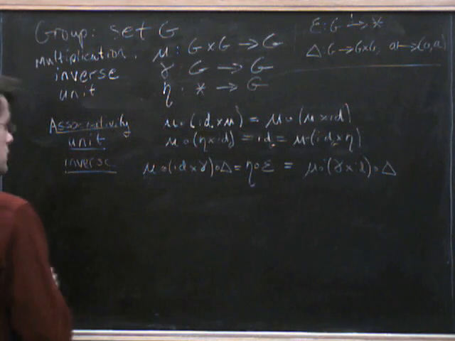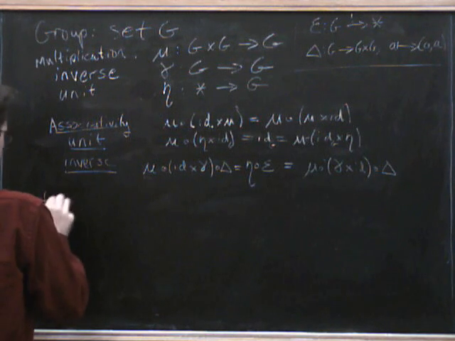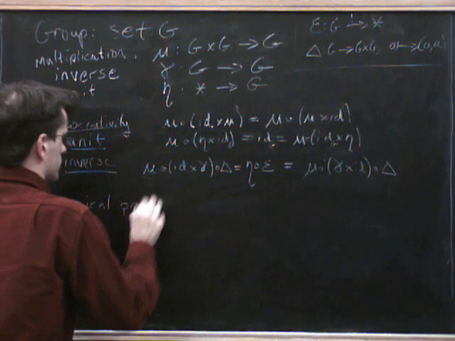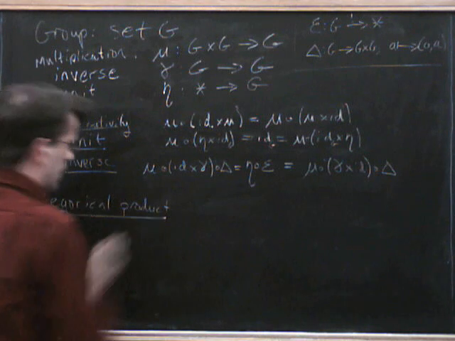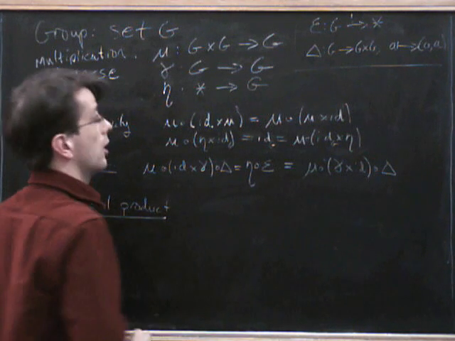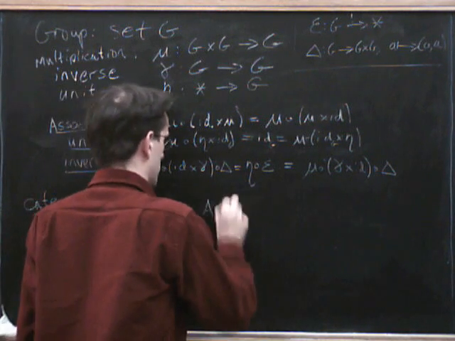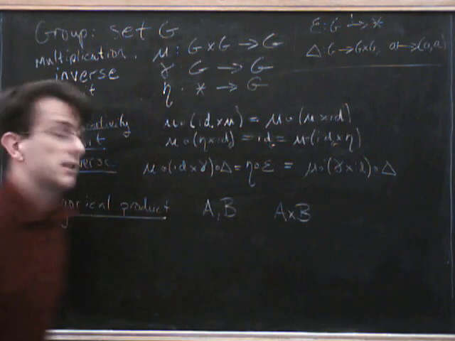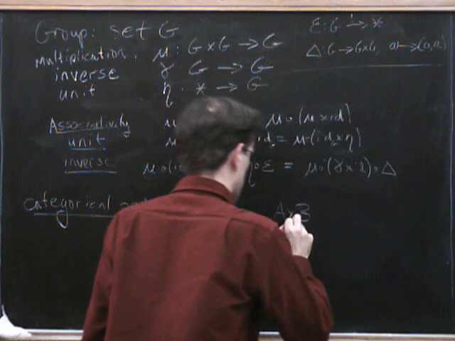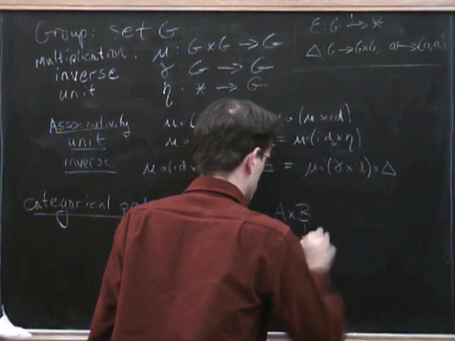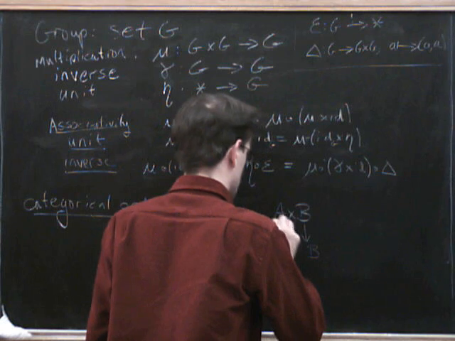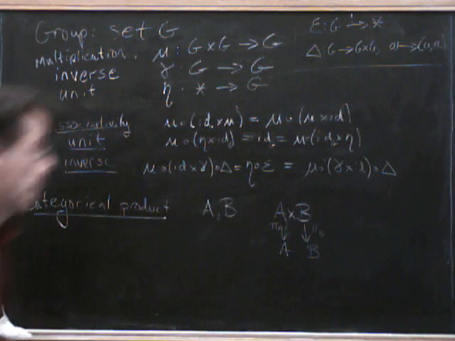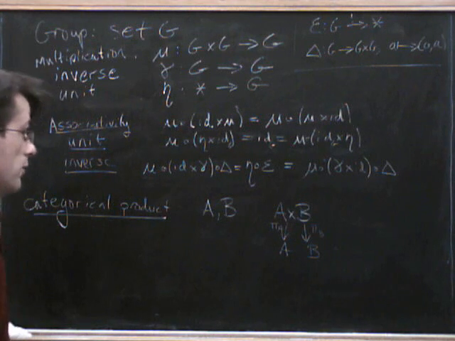So if we have the categorical notion of the product, and we have a pair of objects, let's call them A and B, then A cross B is a product if it comes equipped with two maps, projection to A and projection to B, pi A and pi B, with the following universal property.